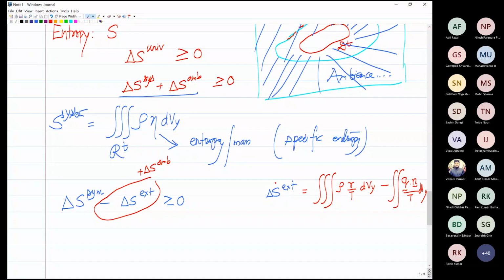And by the way, in the book they use theta for the temperature, so I'll also use the same. So we have a new quantity, theta, denoting temperature.